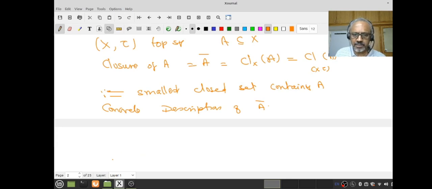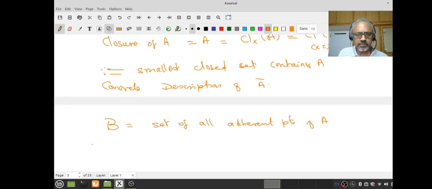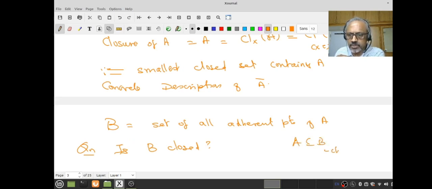So let B equal the set of all adherent points of A. My question is, is B closed? Suppose I prove B is closed. The answer is yes. Notice that every point of A is an adherent point of A. Therefore A is a subset of B, and B is closed.